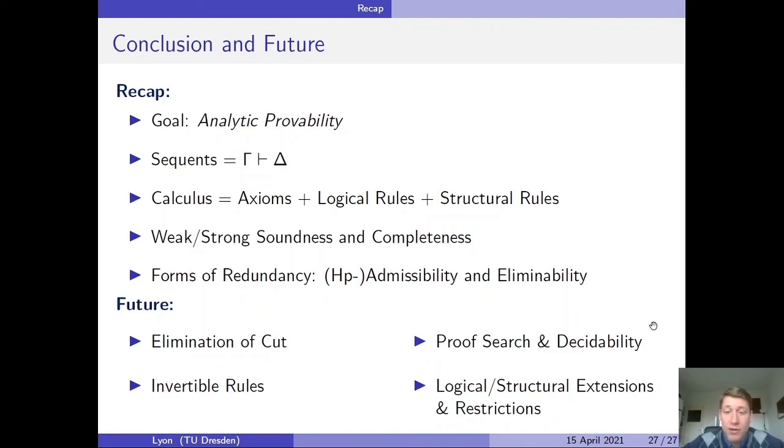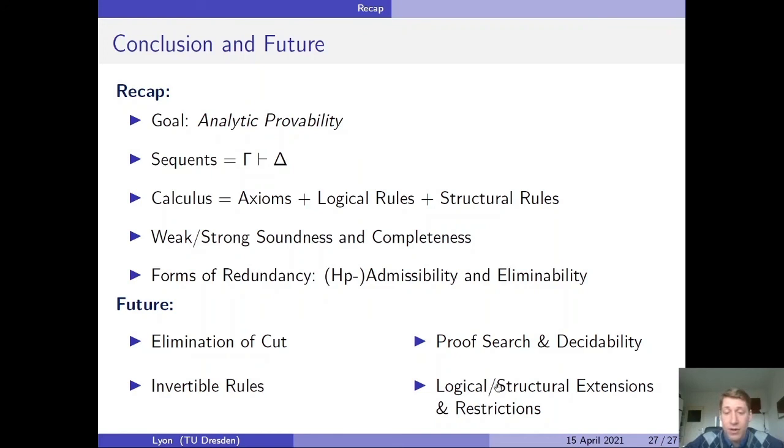So I'll give a future lecture on how to take a proof system and use it to obtain a decision procedure for a logic. And then also, I'll talk about different types of extensions or restrictions of the sequent calculus. So there are, for example, logical extensions. So we can look at first-order logic or modal logic. We can look at logical restrictions, such as intuitionistic logic or even linear logic.